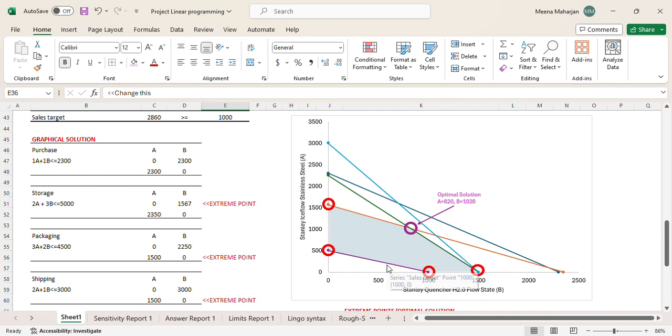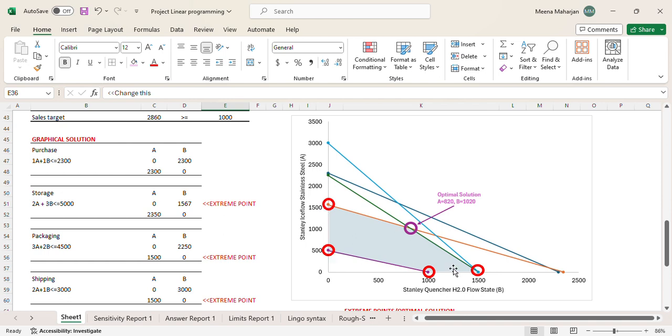Here in the graph, you will see five lines because we have five constraints in our model, and each line represents a constraint, and the intersection here defines the feasible region where all the constraints are satisfied. Here, highlighted in gray is the feasible region with all the extreme points in our graph.